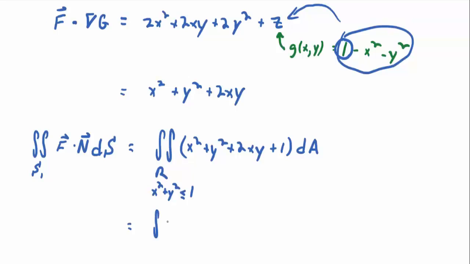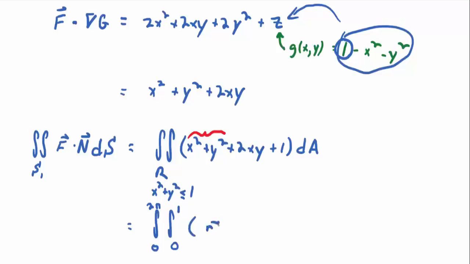Good old polar coordinates. So it's going to be the integral, just like earlier. R is going to go from 0 to 1, theta from 0 to 2 pi. Okay, now do this in an easy way. Don't individually substitute r cosine theta, r sine theta. What is x squared plus y squared? R squared. So that's the best way to substitute.